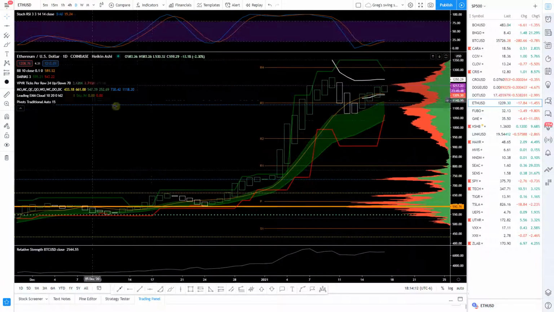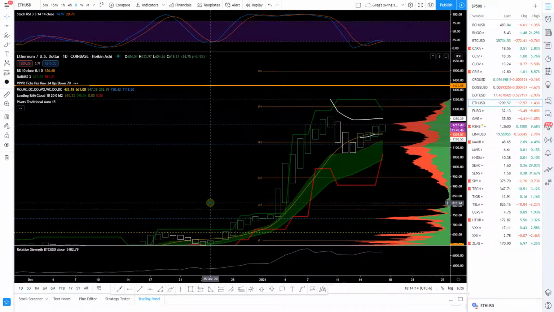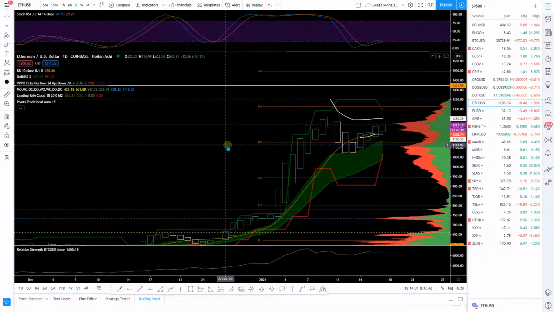So I like putting that on there because it gives you some context of where you're at as far as the previous week, month, and quarter. And typically, you want to be trading when you're at the higher end of all of that. Especially right now, ETH is above the last quarterly. We know it's above the last quarterly high, whether it was the open or close.